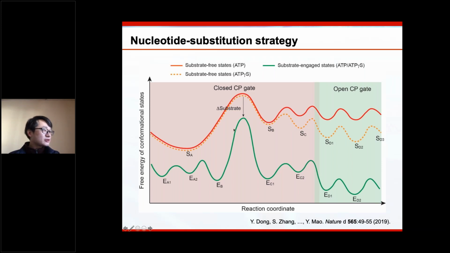If you add the substrate, the whole landscape changes and becomes much more rugged. You can see the EA state is split into multiple states: EA1, EA2 and the EB state.